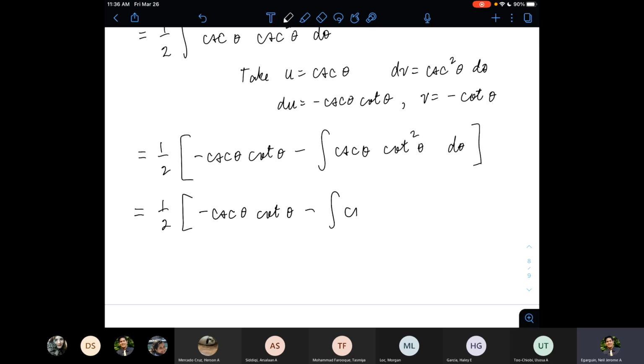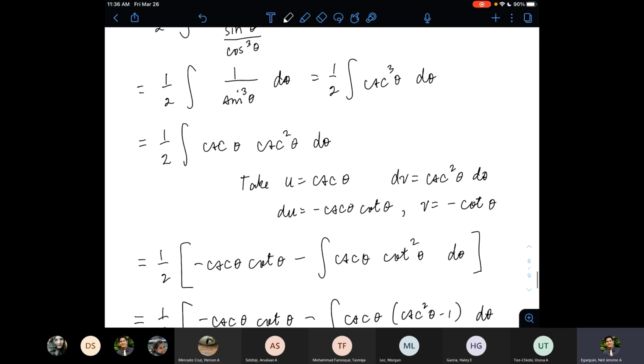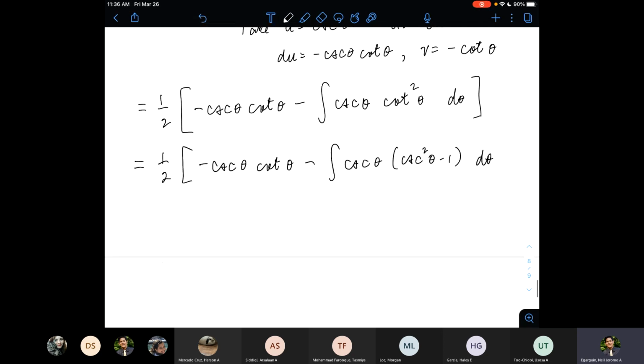Minus cosecant theta times cosecant squared theta minus 1 d theta. I'm getting a cosecant cube again. All right. I used the Pythagorean identity. Oh, d theta should be inside.